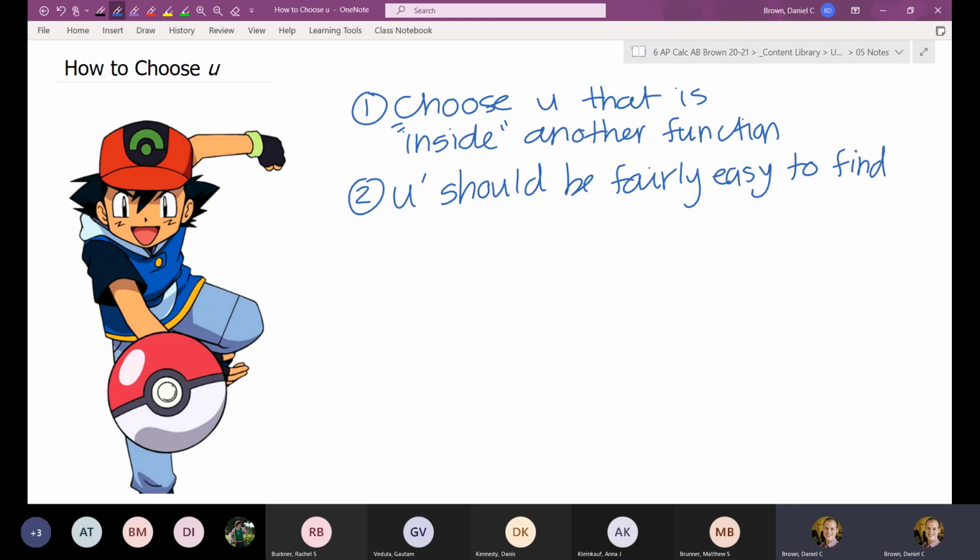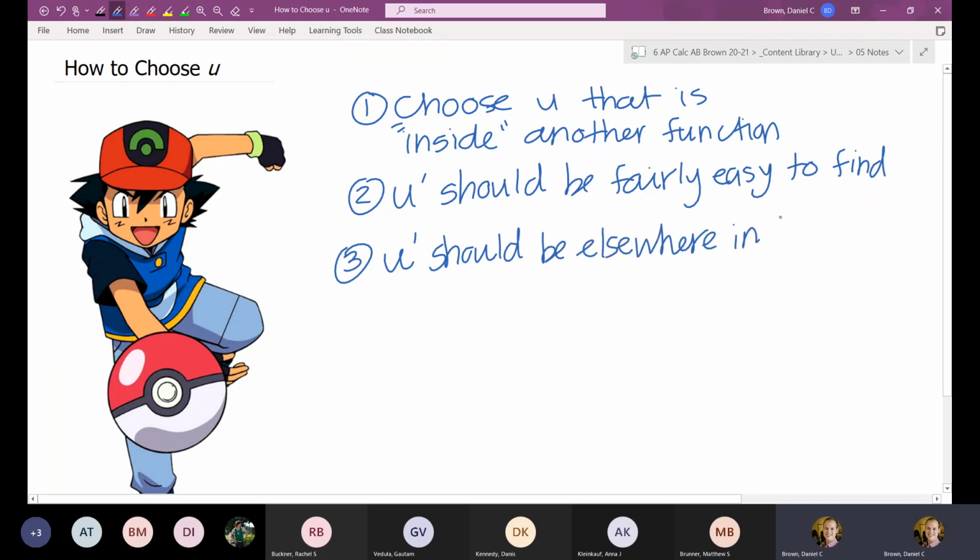And then the most important thing you're looking for is u prime should be elsewhere in the problem, or a constant multiple of u prime.